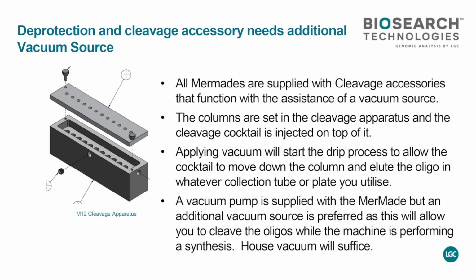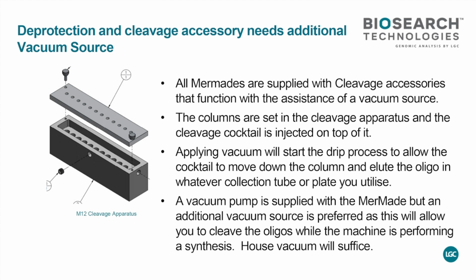For example, for MerMade 6, 12, and 4, there's this type of contraption that we provide. You put your tubes inside the contraption, you put your columns on the top of it, you close it, and then you add a reagent that would cleave it off the glass. That linker will get cleaved, and your oligo is going to go into the tube below in your ammonia or AMA, which is the deprotection solutions.